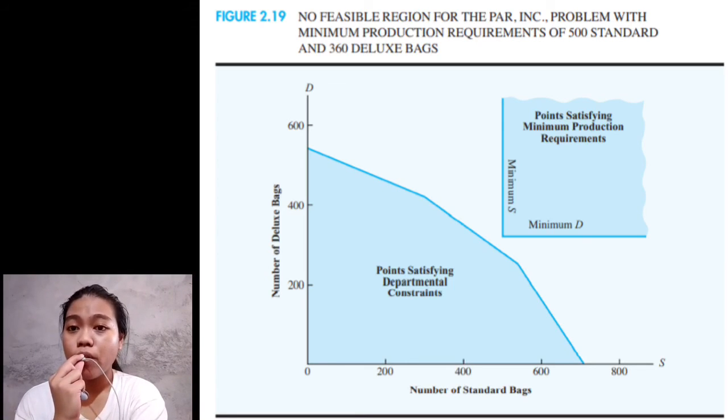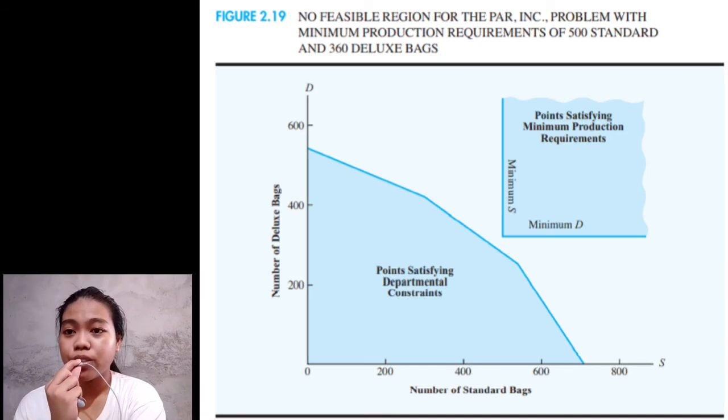That is, no points satisfy all the constraints and the non-negativity condition at the same time. To show this situation, suppose that the management determined that at least 500 standard bags and at least 360 of the deluxe bags should be made.